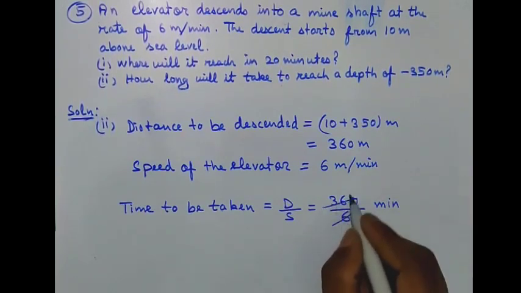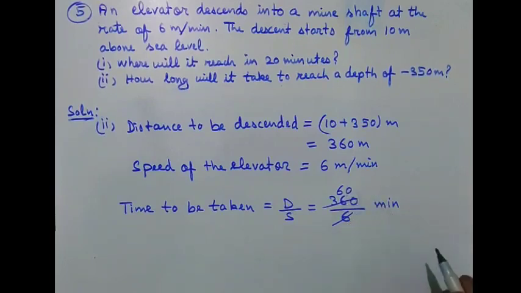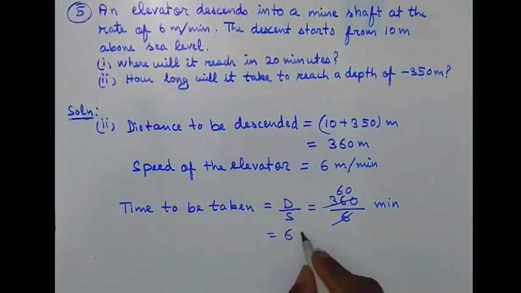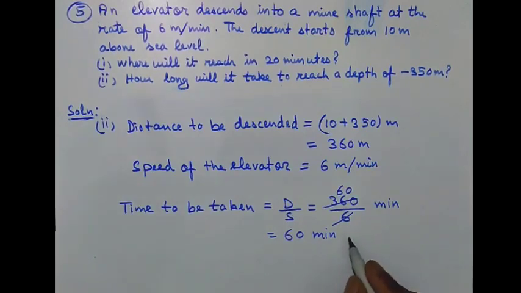So 6 sixes are 36 and 0, it is equal to 60 minutes, and you all know that 60 minutes is equal to 1 hour, right? So it is equal to 1 hour.